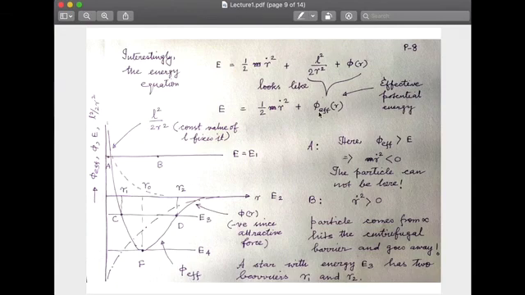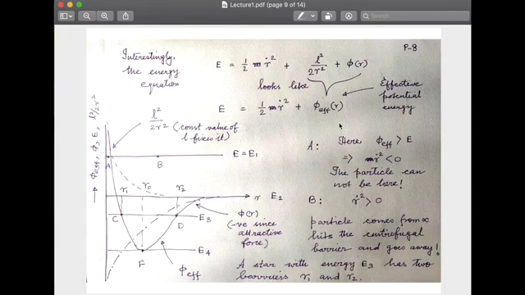So this energy equation just looks like the energy equation for an effective potential, which is this plus that. And this is a very good way of analyzing the system, and it will be very clear as we go through these and the next two slides.